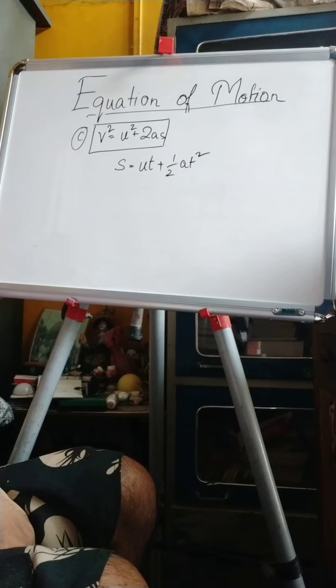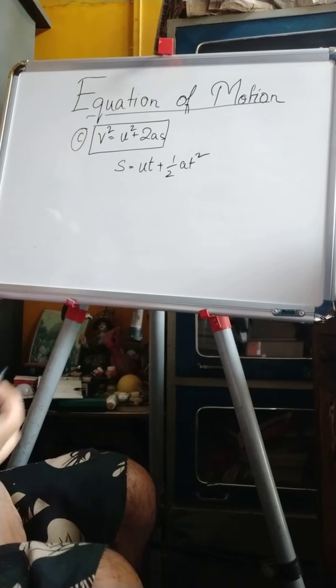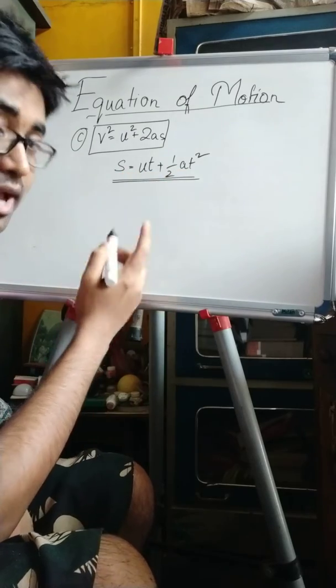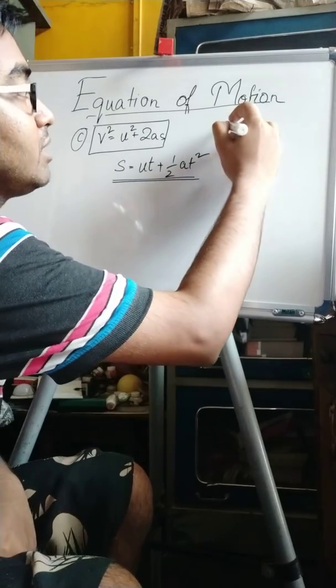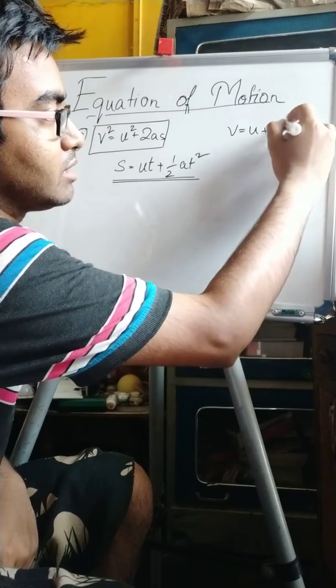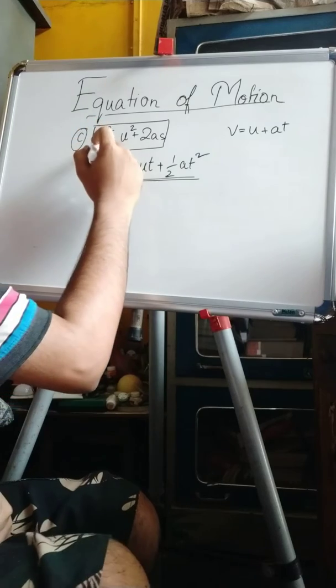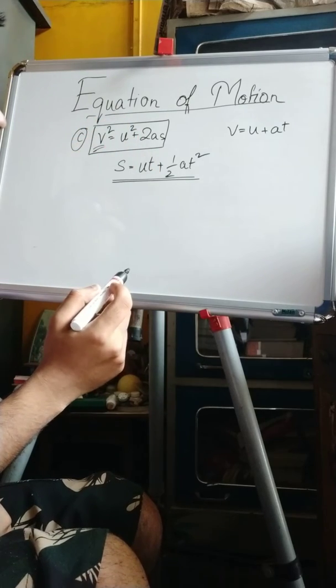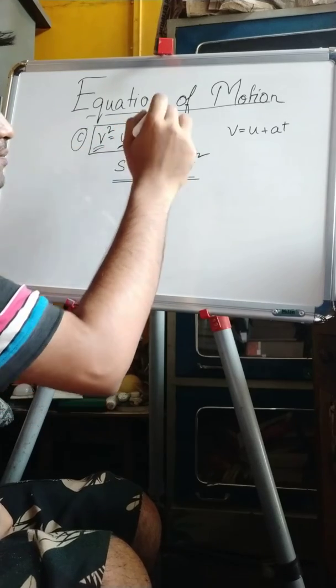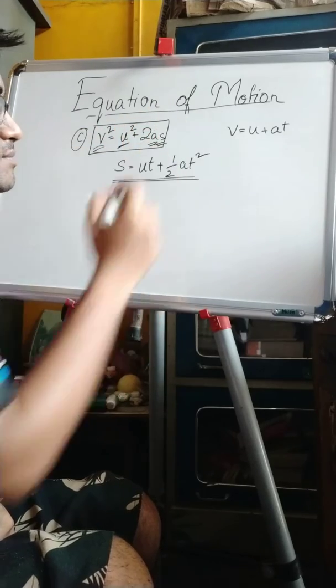Am I clear? We will use this formula, and the base would be our first formula, which is v equals u plus at. See, we require v in this formula, we require u, and we require a and s.